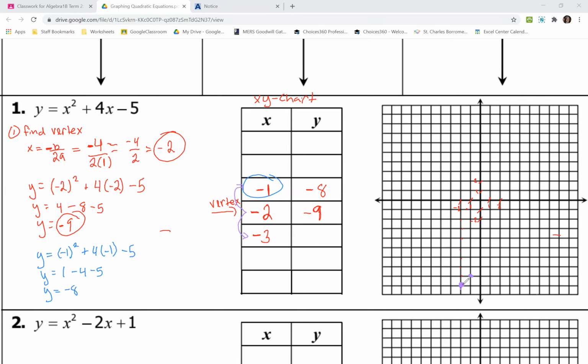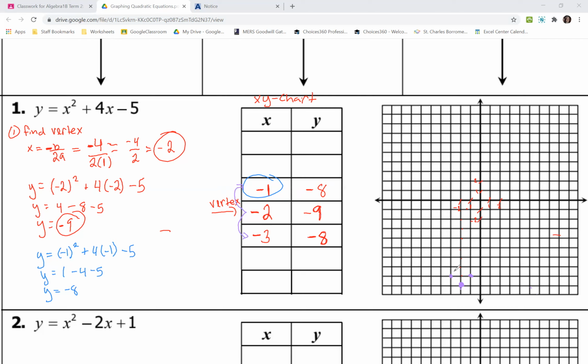What I get to do is at negative 3, I'm going to have the same exact value. I know that this is going to be negative 8, okay? Because, like I said, the vertex happens at the axis of symmetry, so anything that happens on the left side is going to be the exact mirror image of the right side. So it saves me time. I don't need to keep going.